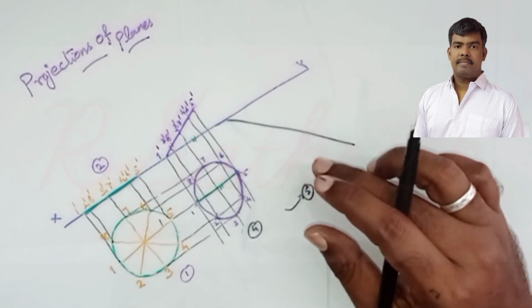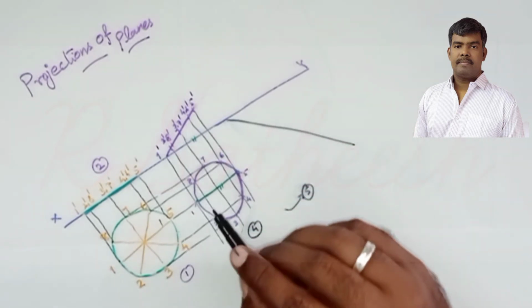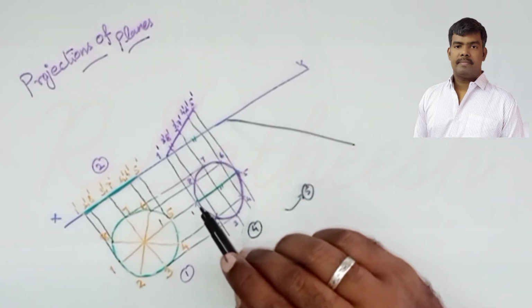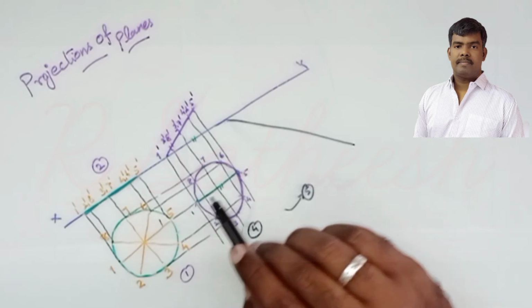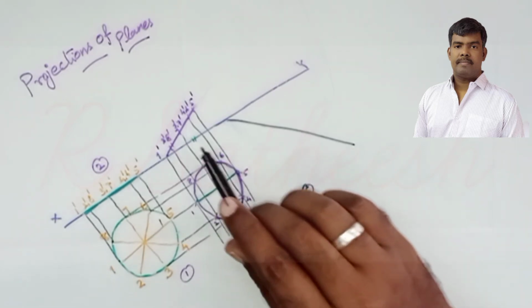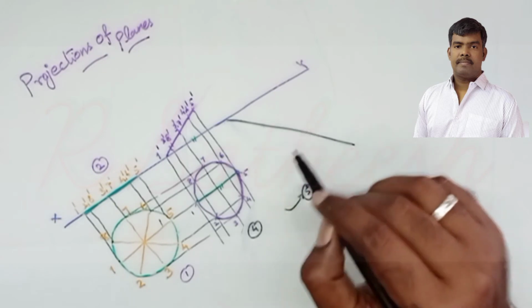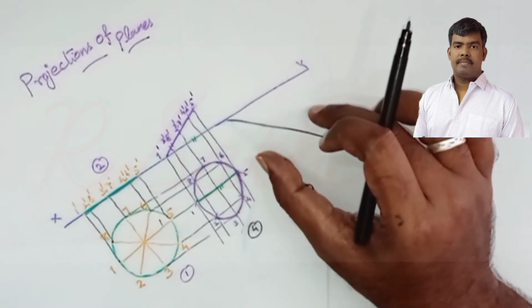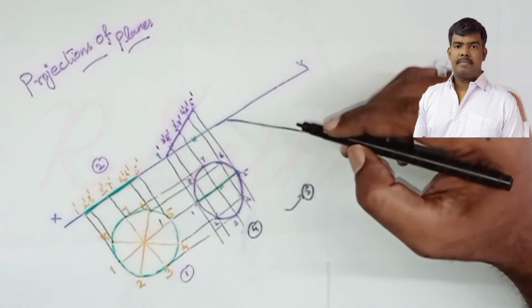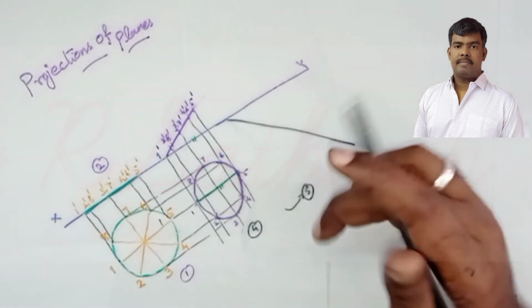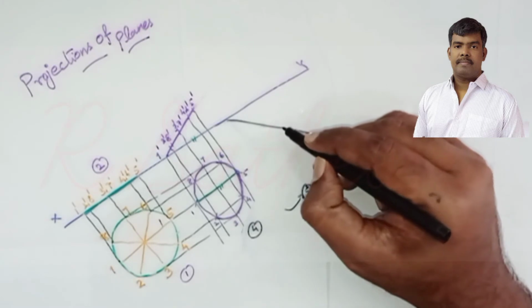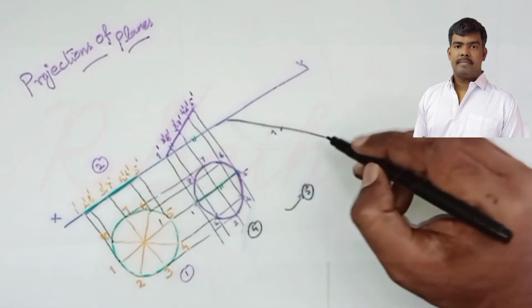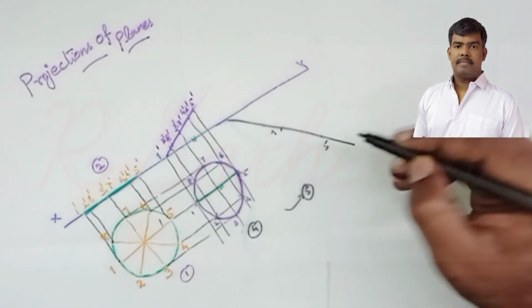We trace the diagram as it is, with only one difference. The resting point is 1, and the diameter passing through the resting point is 1, 5. Now 1, 5 is parallel to VP. Now we want to incline it 45 degree to VP. So therefore we tilt the total diagram like this. Clear?